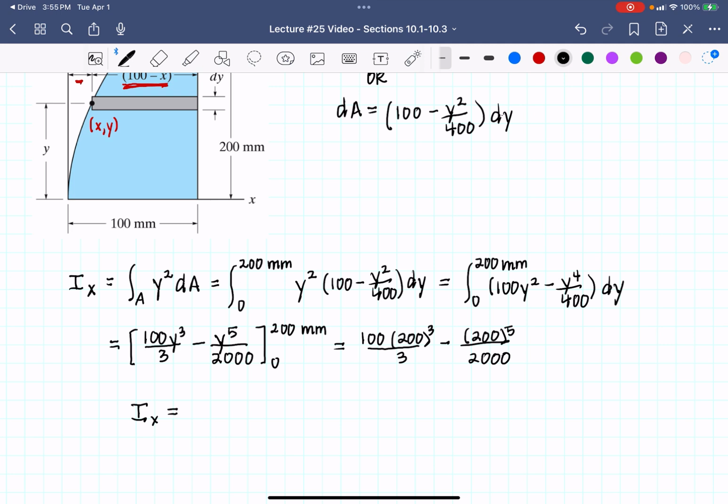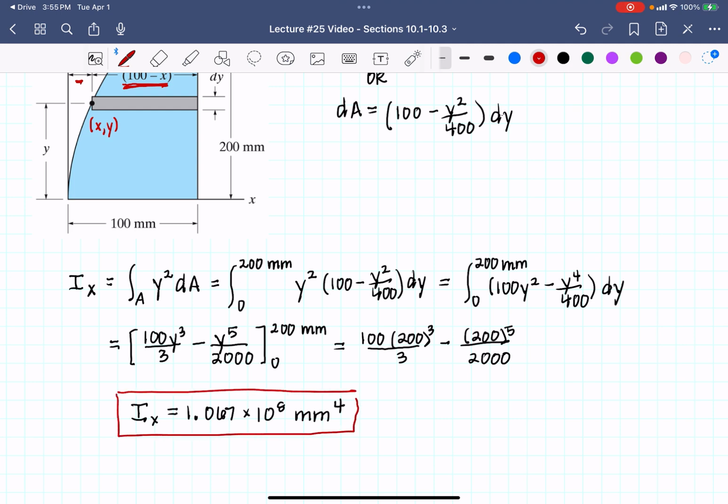It is 1.067 times 10 to the 8th. We're going to use scientific notation for a lot of what we do with the moment of inertia. Remember, my units are to the 4th. All right, that's your answer.